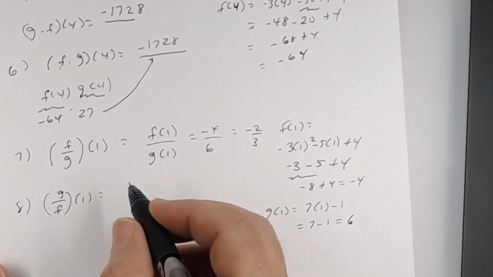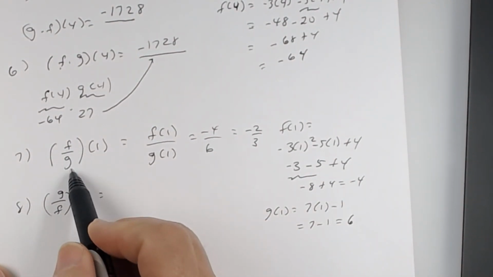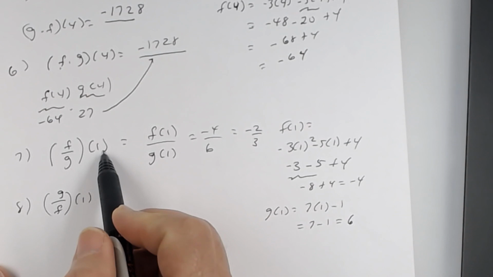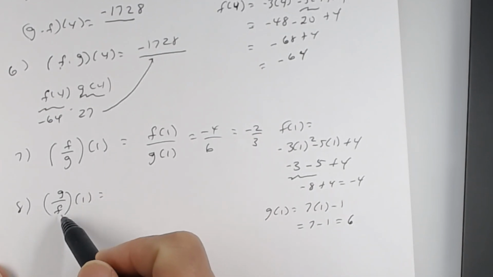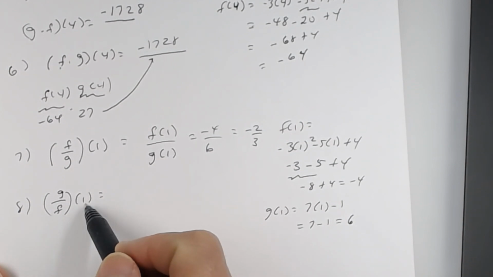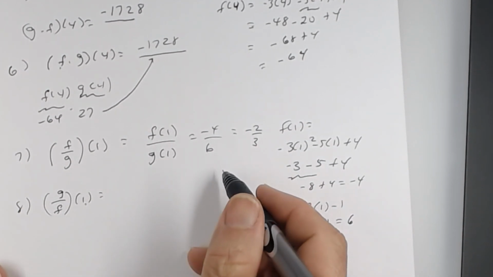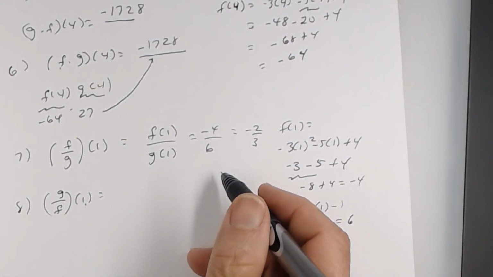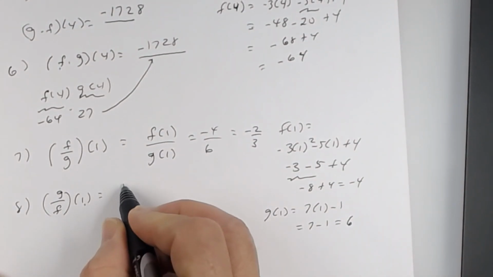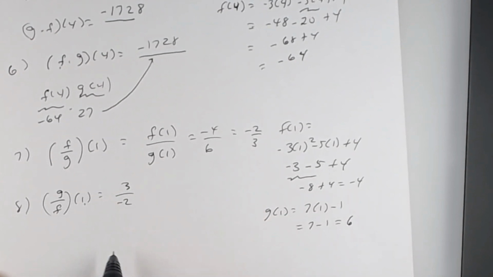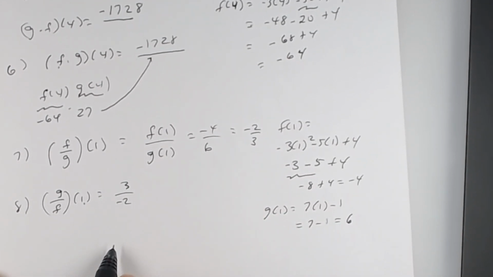But if you know what f divided by g evaluated at 1 is, then you already know what g divided by f at 1 is. It's just the, no, you don't mean opposite, you mean reciprocal though, right? Reciprocal. So it'll be 3 divided by negative 2. Okay?